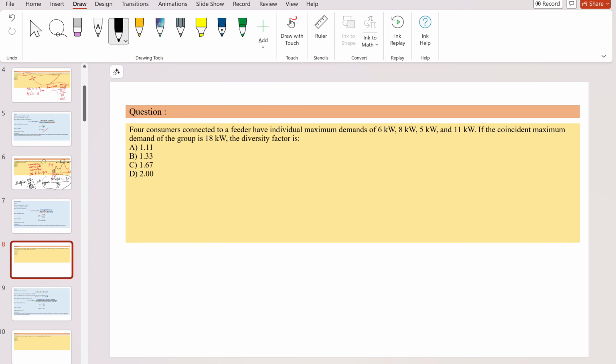Okay, option C, I got one answer. Here all the options, when you see, are greater than 1.